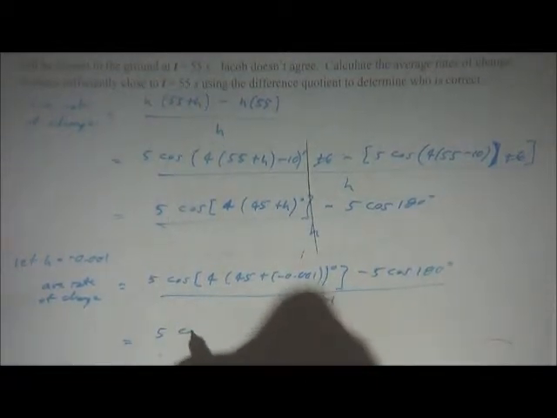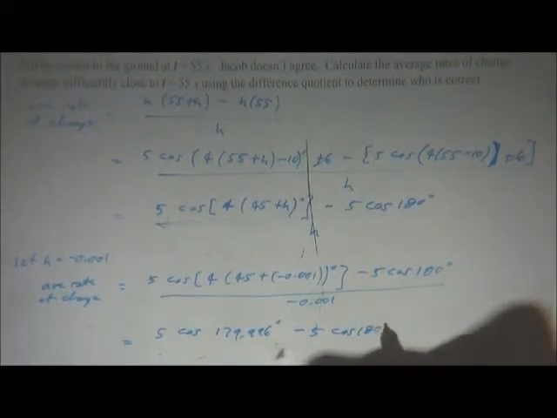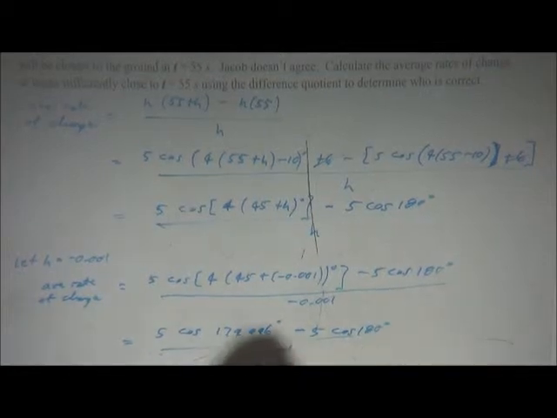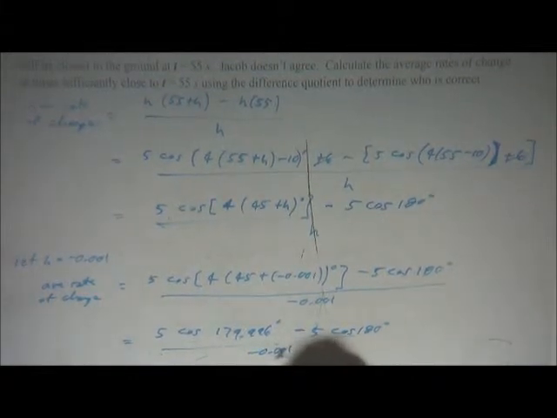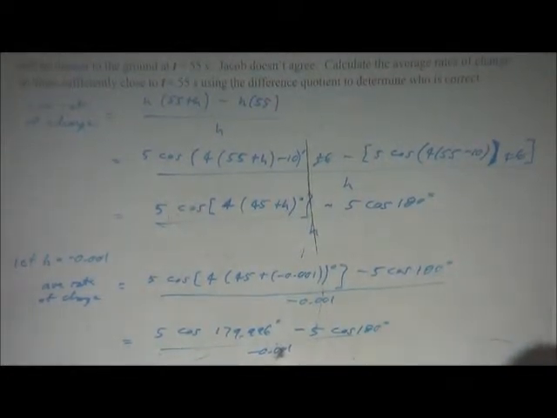We end up getting 5 cos of 179.996 degrees minus 5 cos of 180, and so that gives us negative 4.99999 minus negative 5, and that then gives us negative 0.000115. I believe that's meters per second.